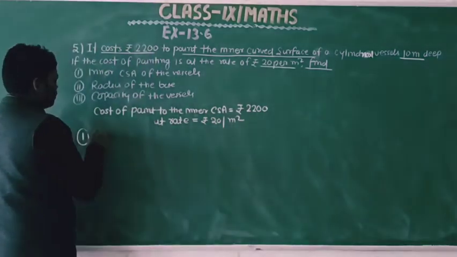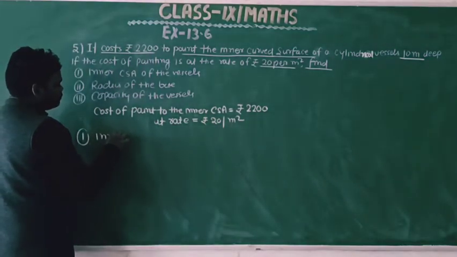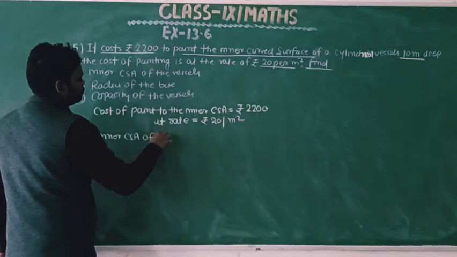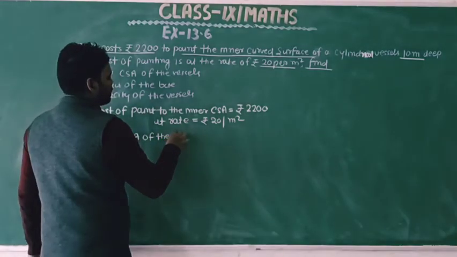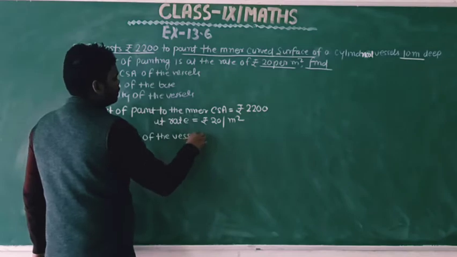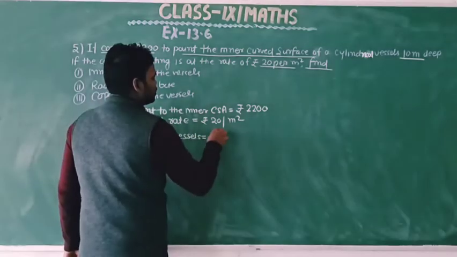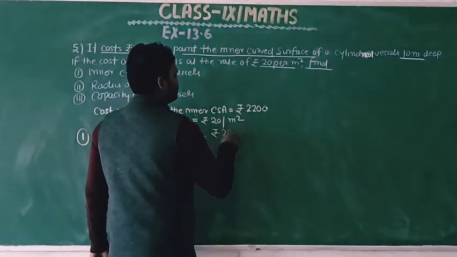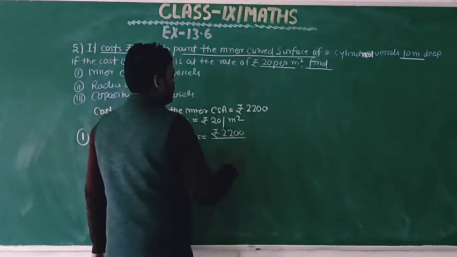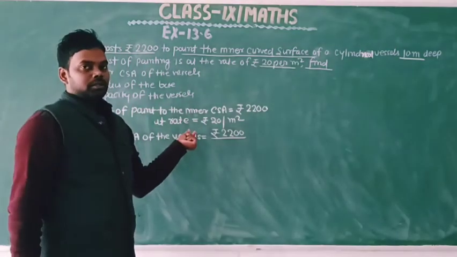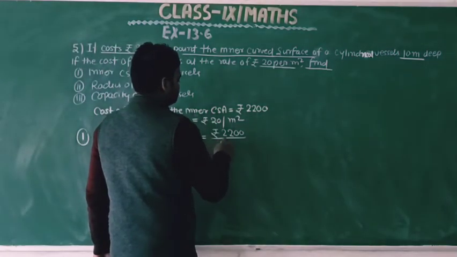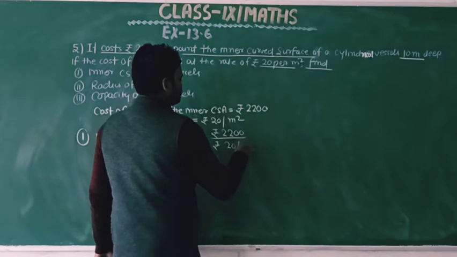So the inner CSA of the vessel equals the total cost, 2200, divided by the rate, rupees 20 per meter square.